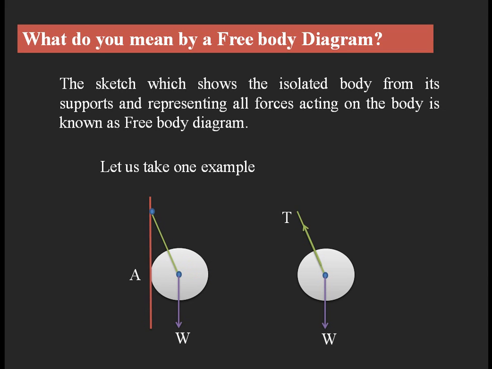That opposite action will be acting in the thread. Here, in that string, a certain tension force will be acting towards the wall. That is due to the weight of the body. And similarly, the wall will be applying a certain reaction force, which will be Ra.